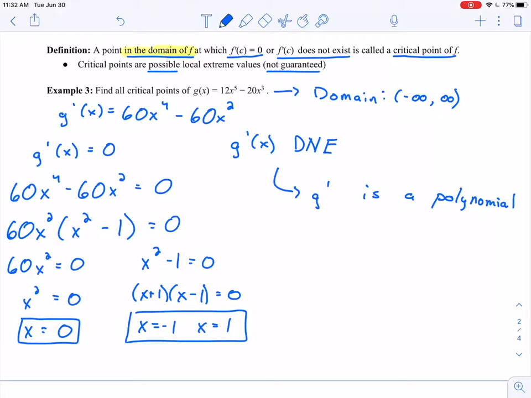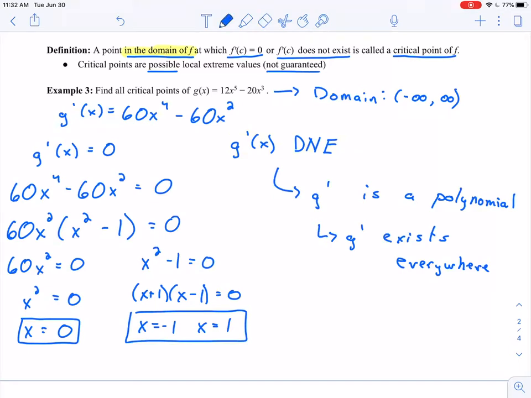So that means that g prime exists everywhere, which means we're not going to have any additional critical points where g prime of x does not exist, because there's no x value where g prime of x does not exist.